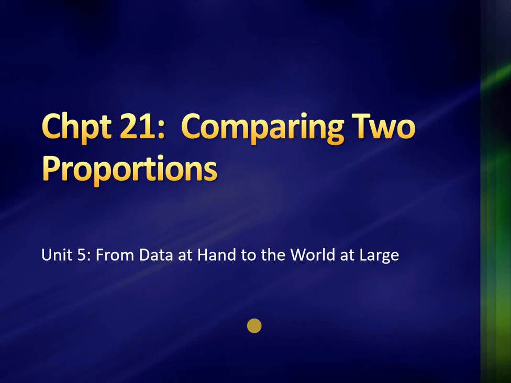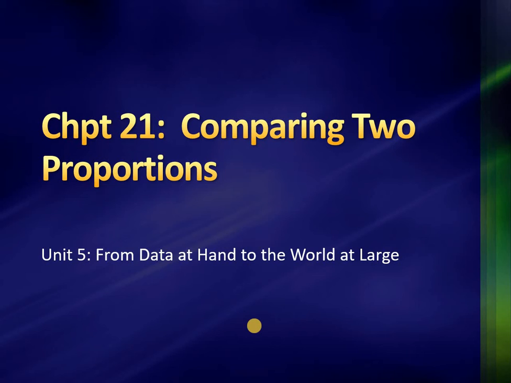Okay? All right. So, what we're moving on to now is comparing two proportions rather than just looking at one. And it's a very subtle difference, because you could kind of think about it as your null hypothesis being the proportion you're comparing it to.